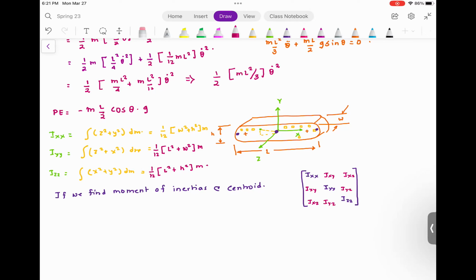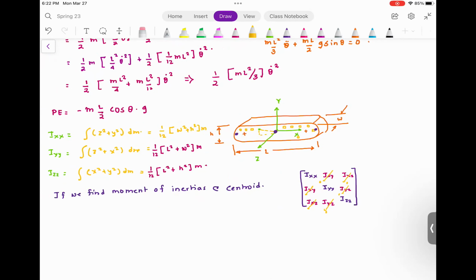If you find the moment of inertia about the centroid, these non-diagonal terms become 0, and only the diagonal terms remain. This is a very important observation, because when we find the kinetic energy of the slender rod, we always use the moment of inertia about the centroid of this object.